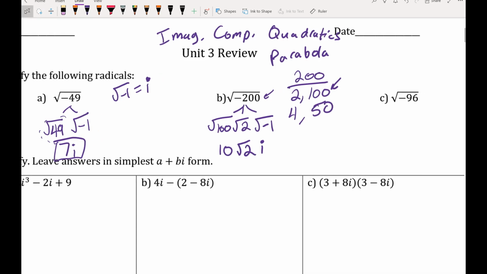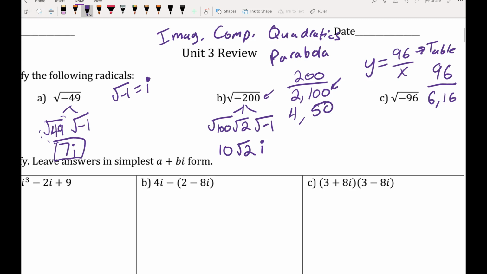For negative 96, you could do the same thing where you're listing out all the factors, figuring out what's the biggest perfect square that goes into it. But for this one, it's going to be 6 and 16. If you want a quick way to figure that out, you could go into your calculator, go to the y equals screen, type in 96 over x, and go to the table from there.